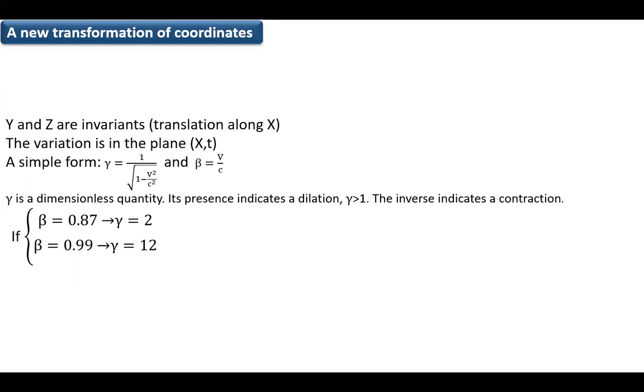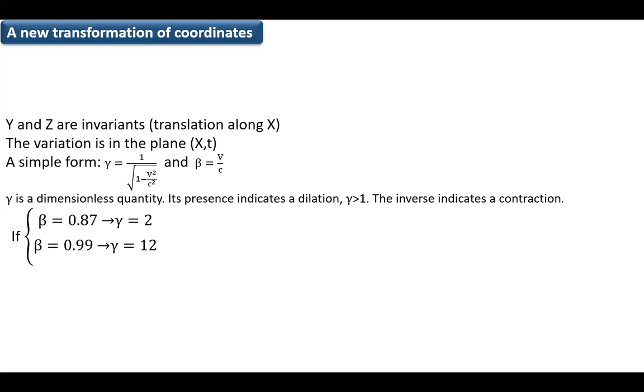So in reality, we are working in a plane x and t, because y and z are invariant. So the only variation is in terms of x and in terms of t. So we are working in a plane defined by x and t, which we will call the space-time. So the space-time is a plane of x and t.